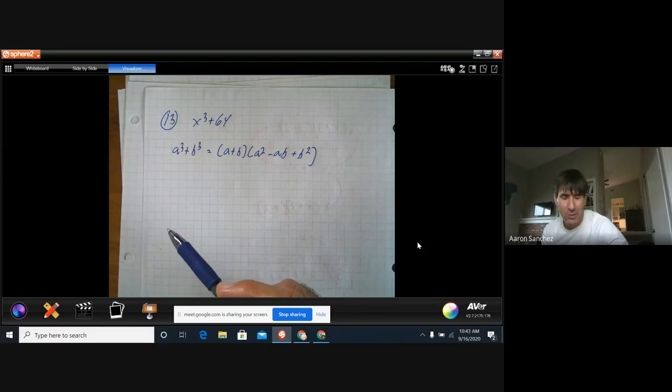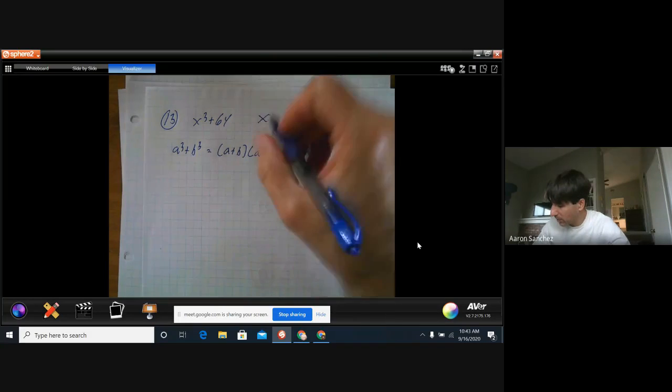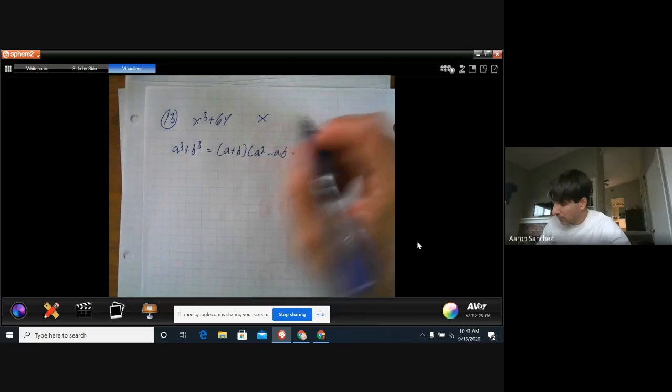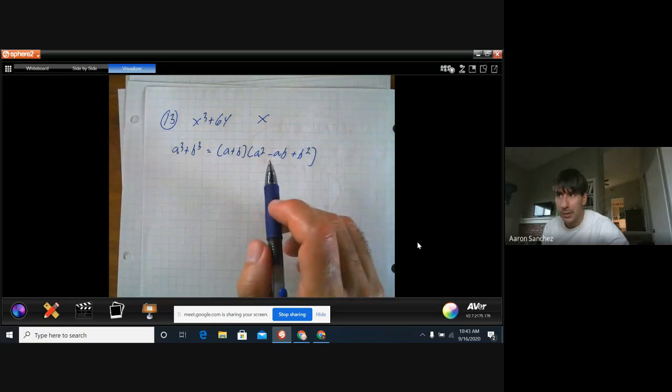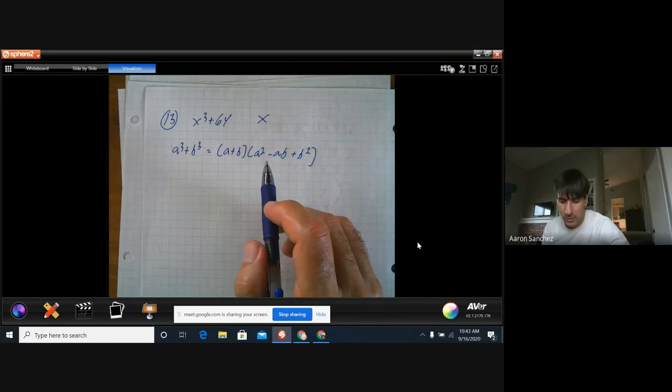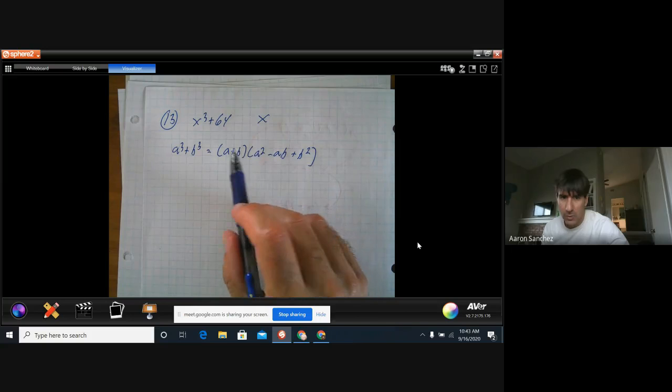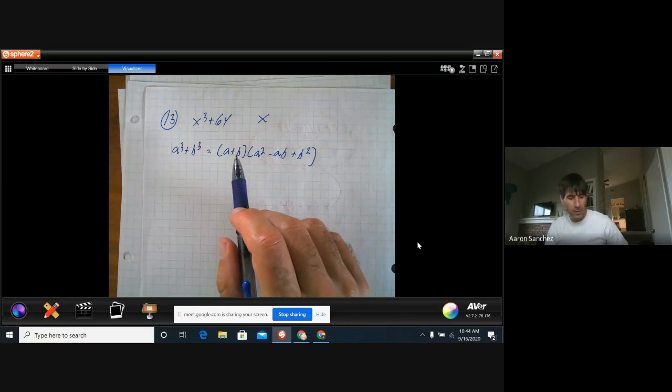It's kind of a hard question, sort of. I think it would be x. Yes, very good. It's going to be x because if I cube that, it'll equal x cubed. So what will b be for 64?